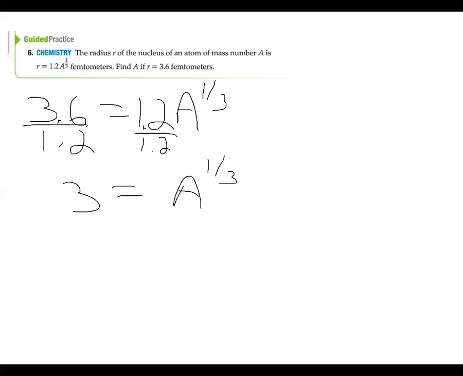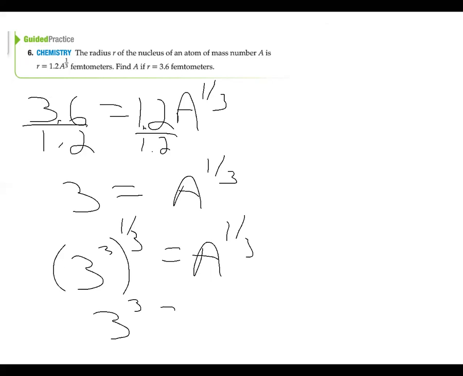Well, since it's 1/3 power, I want to rewrite this side with a 1/3 power. But if I just raise this side to 1/3, I will change the equation. So what I have to do is write it as 3 to the 3rd to the 1/3 power equals A to the 1/3 power. Okay? So 3 cubed has to equal A, so A equals 27.